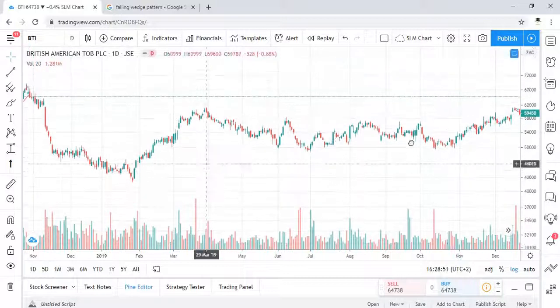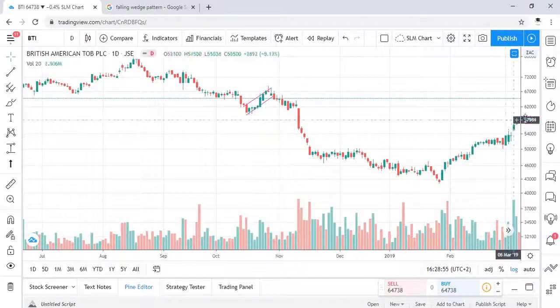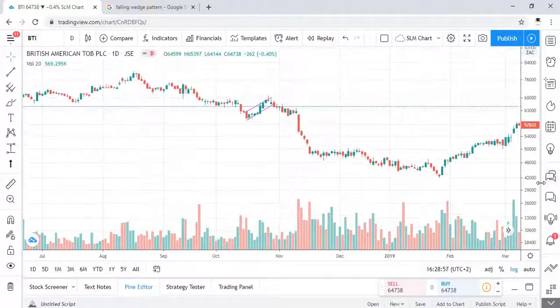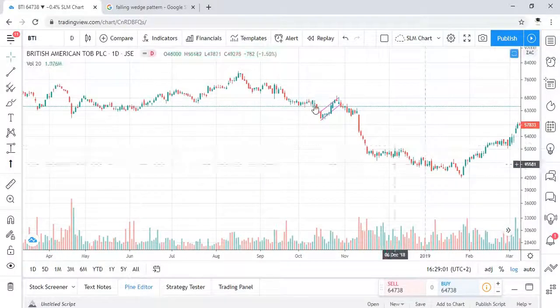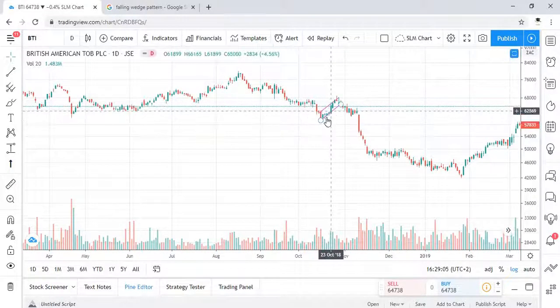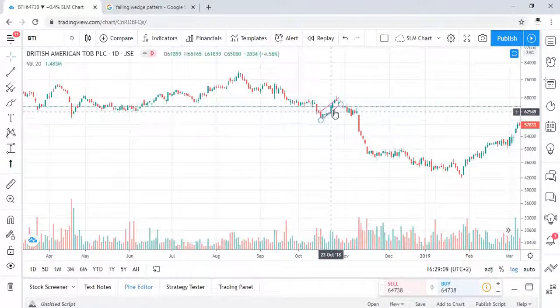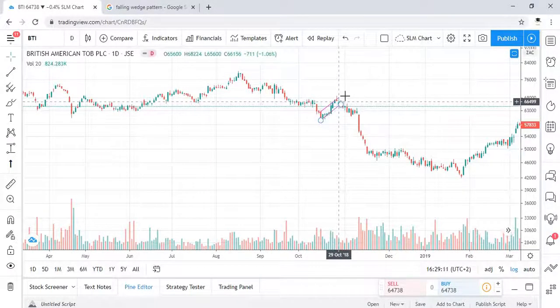Now we just want to see another formation. Here we've got another one where price was trending downwards, and here it made a bearish flag, which is a temporary point where price is sort of moving upwards.